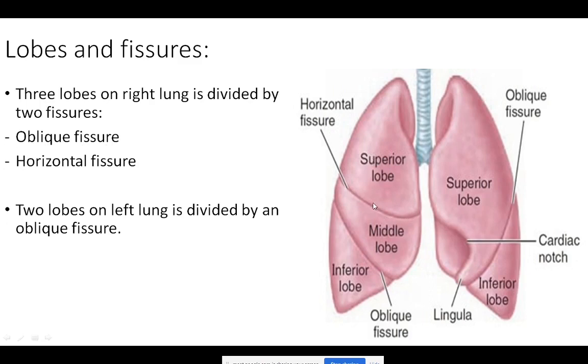2 fissures, one is oblique, this one is the oblique fissure. Okay, and this other fissure which is almost horizontal, this is known as the horizontal fissure. On the right lung, 3 lobes are divided by an oblique and a horizontal fissure, whereas on the left lung it is divided by only an oblique fissure.